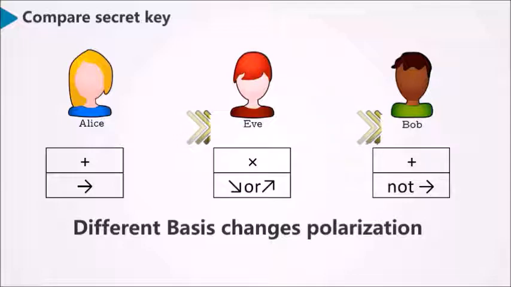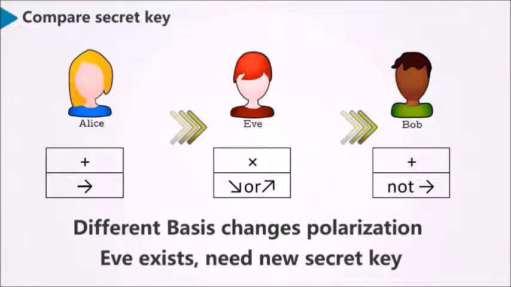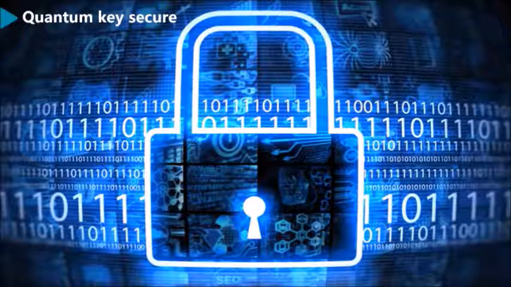When many errors occur during the comparison, Alice and Bob can find the existence of Eve and abandon the old key, then make another new key. Therefore, the quantum key can be absolutely secure theoretically.